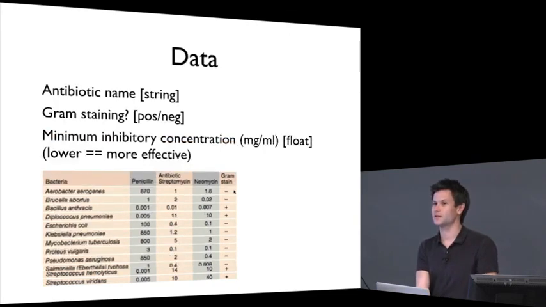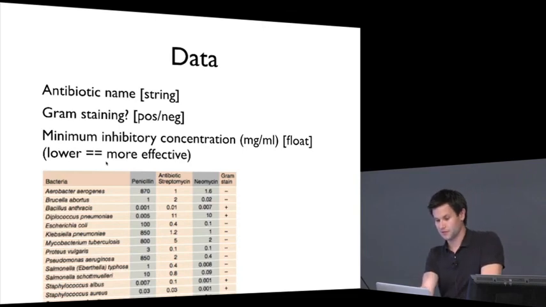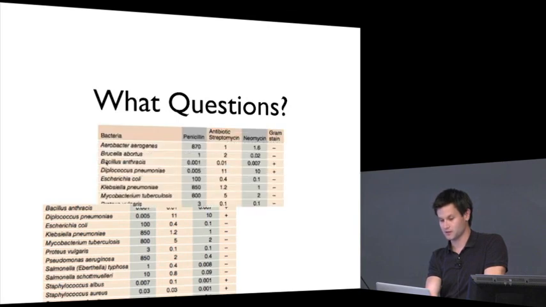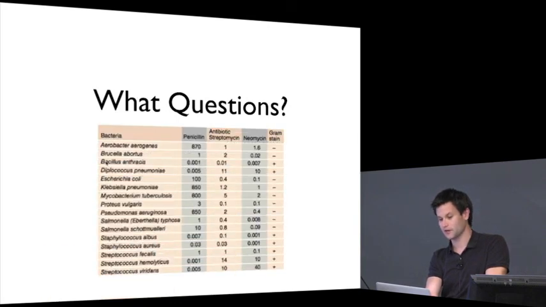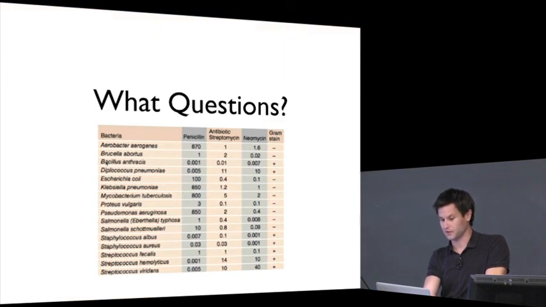And what would be the gram stain? Yeah, it's a Boolean, right? So what you see here is the minimum inhibitory concentration. The lower it is, the more effective the antibiotic is for the bacteria.